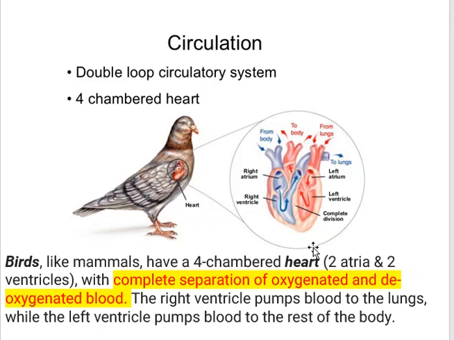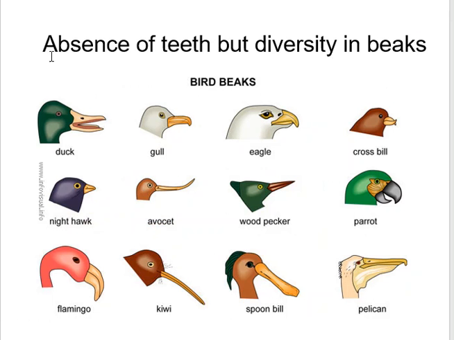So the unoxygenated blood is sent to the lungs to get oxygenated, of course, and from there goes to the systemic circulation, and the blood from the systemic circulation comes back to the heart to be pumped, unoxygenated again, to the lungs. So it's a complete separation of oxygenated and deoxygenated blood, which makes it a very efficient machine.